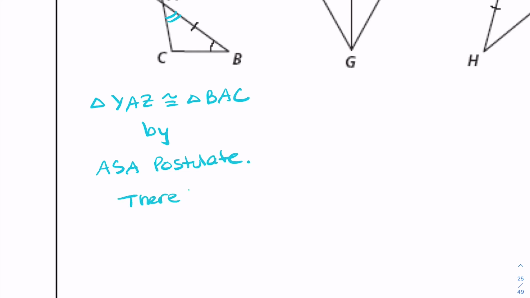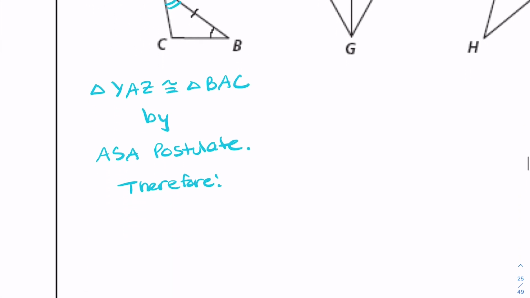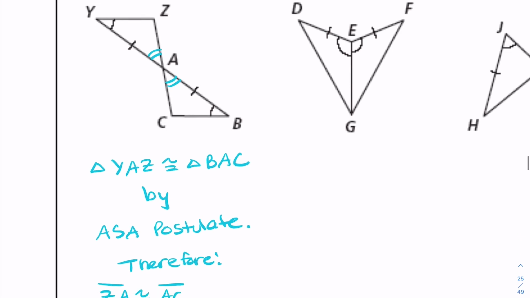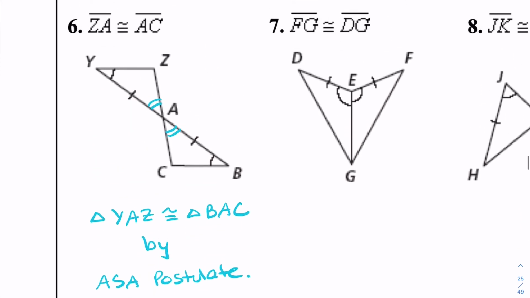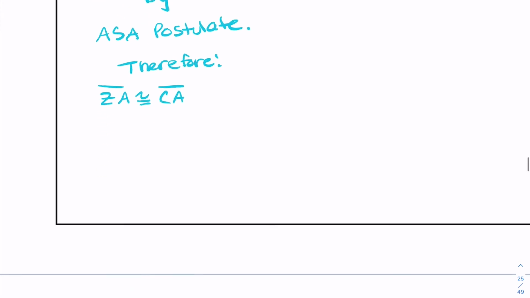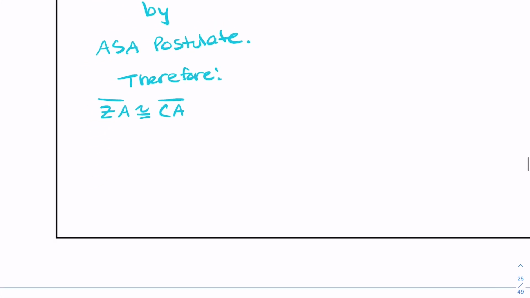Therefore, ZA is congruent to AC. Let's just make sure the order's right. It should say CA. By CPCTC.